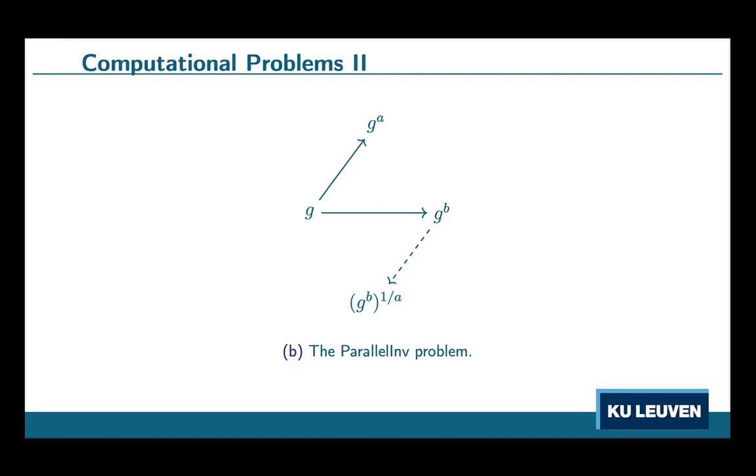So depending exactly on how you formulate your CDH problem, this can be proven to be equivalent in the discrete logarithm setting. For example, in a supersingular isogeny setting, this is not so clear. But because there is still a computation that involves unknown masks, we conjecture that the hardness is the same.